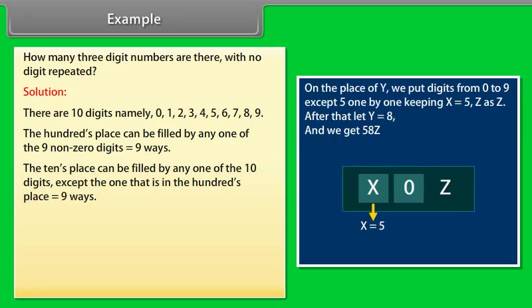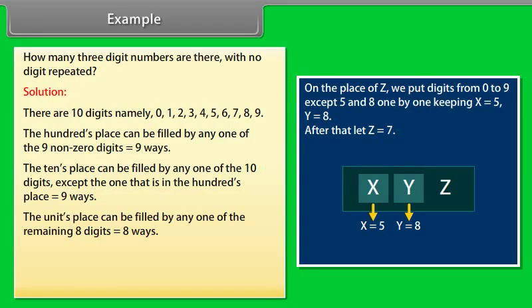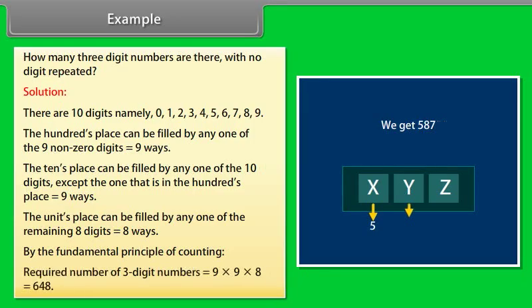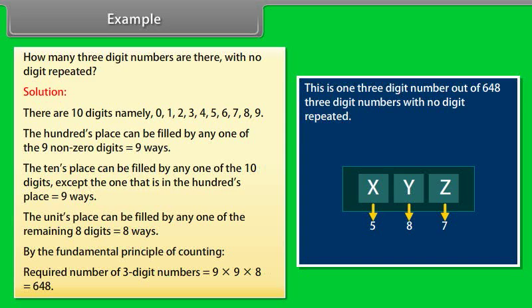The tens place can be filled by any one of the 10 digits except the one that is in the hundreds place, that is 9 ways. The units place can be filled by any one of the remaining 8 digits, that is 8 ways. By the fundamental principle of counting, required number of 3-digit numbers is equal to 9 into 9 into 8 is equal to 648.